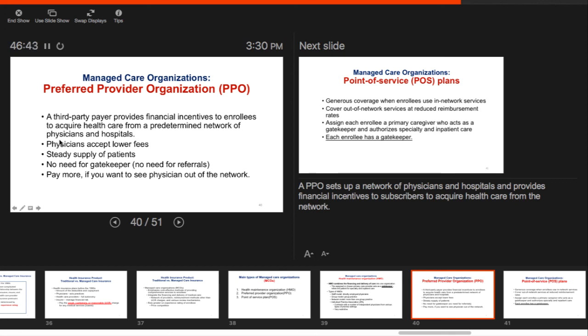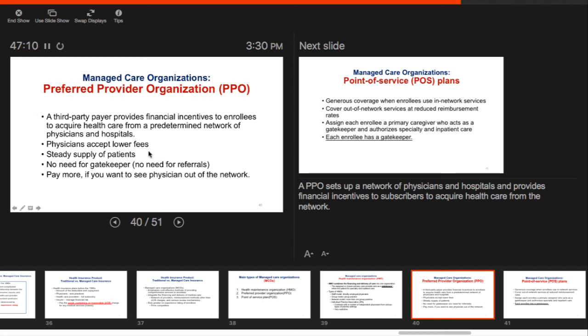You can also go out of the network, but you have to pay more. This is the least restrictive version of the managed care organization.